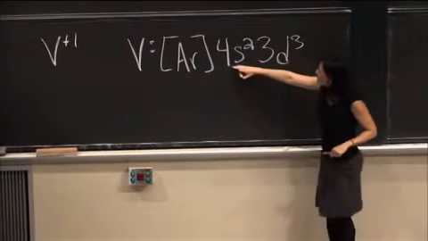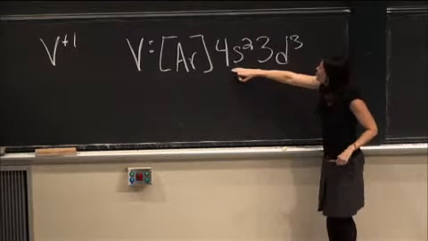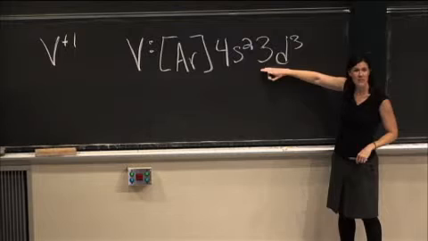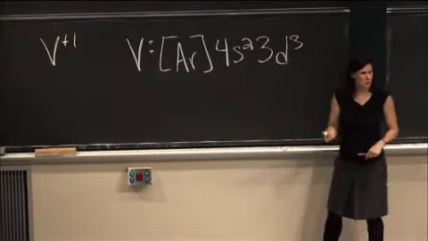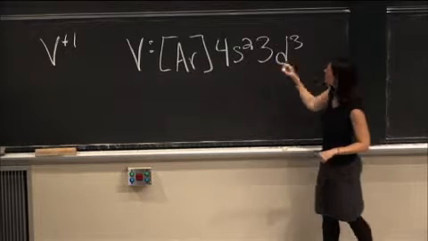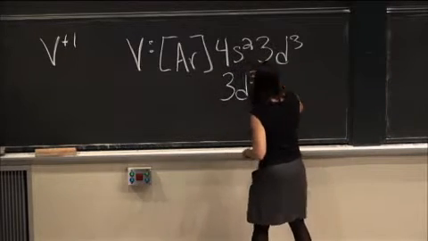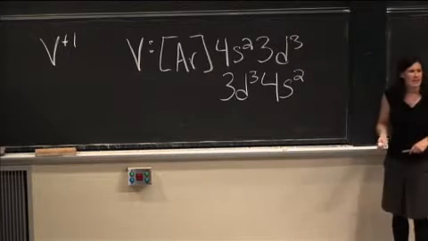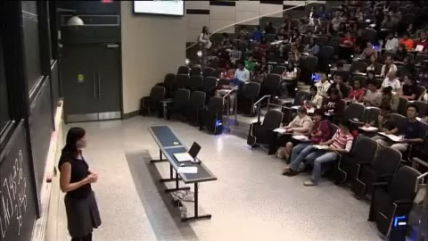But remember what we said at the end of class on Friday: even though 3d is higher in energy when it's not filled, once we fill it with an electron, these two orbitals actually switch places in terms of energy. So if we were to write this in terms of energy, we would rewrite it as 3d3 and then 4s2. Which orbital would we take an electron out of if we were ionizing this atom? The s.